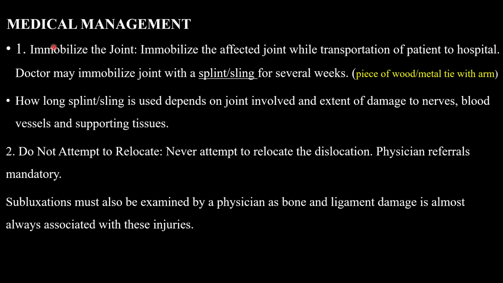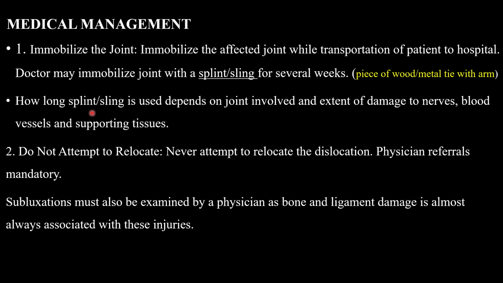The next we will see medical management. In medical management, first immobilize the joint. Immobilize the affected joint to transport the patient to the hospital. The doctor may immobilize the joint with a splint and sling for several weeks. A splint means a piece of wood or metal tied to the arm.